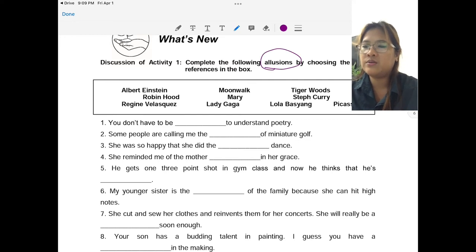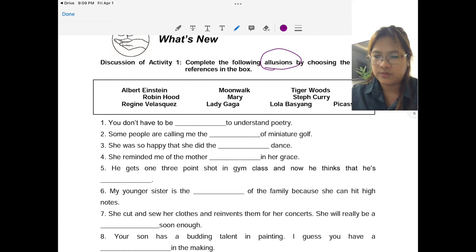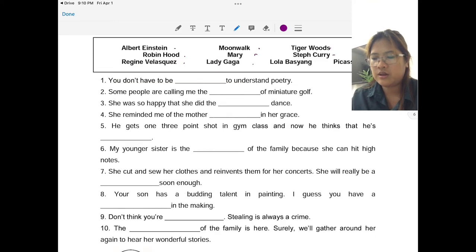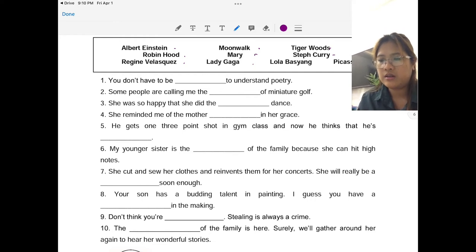Here, complete the following allusions by choosing the correct reference. Who is being referred to? "You don't have to be blank to understand poetry." When you're talking about understanding poems, that could be a good reader, an author, or someone with great thinking.